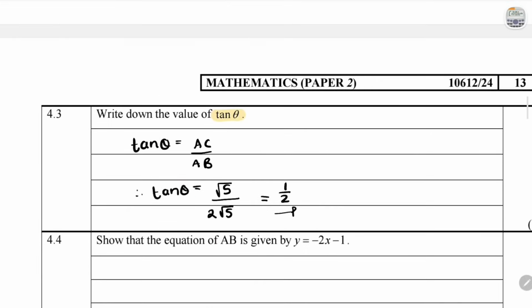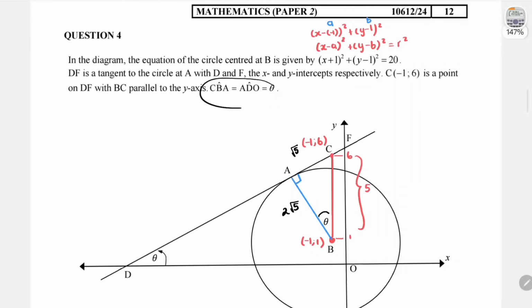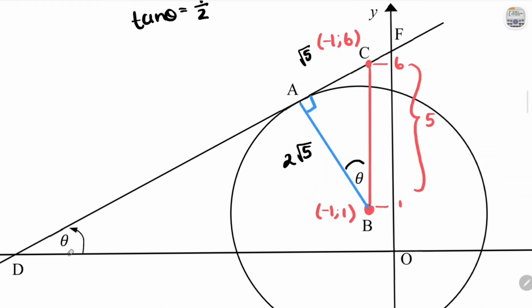In the previous question, we found the value of tan theta. Now remember that they told us that these two angles are equal, right? So this is theta over here, and that is theta. If the value of tan theta here, since theta is the exact same thing, tan theta was equal to 1 over 2. That's also going to be the same over here.